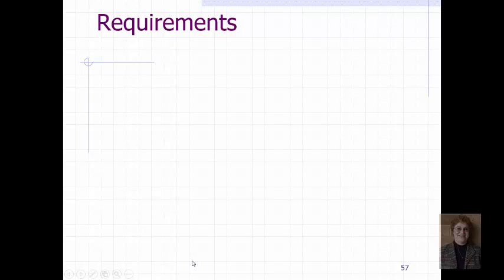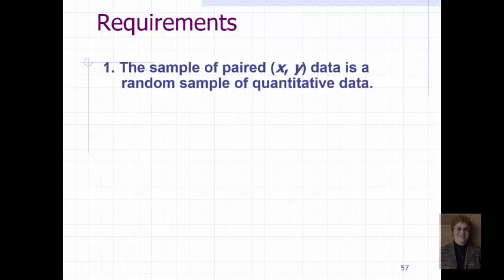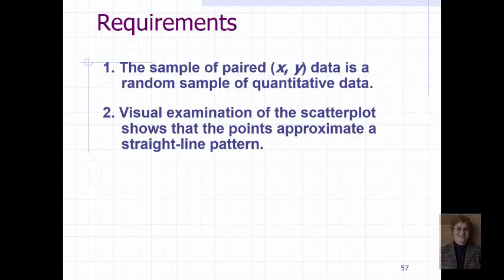What has to happen? Same requirements as with correlation. We have to have paired data that come from a simple random sample, and it has to be quantitative.